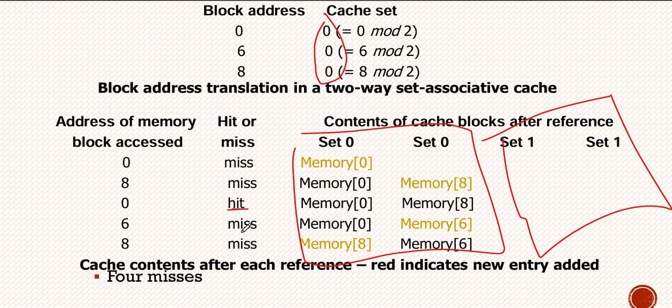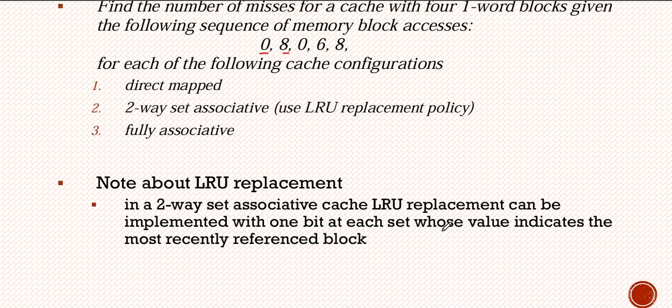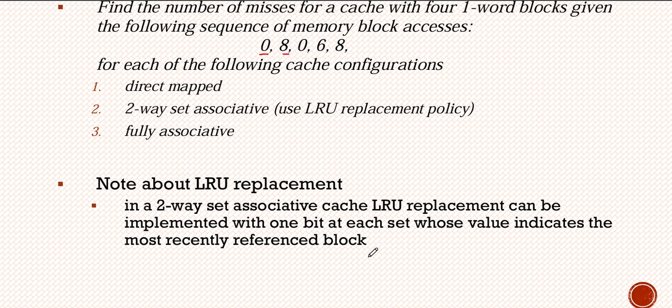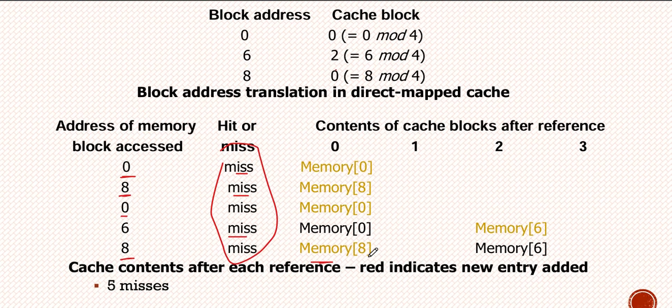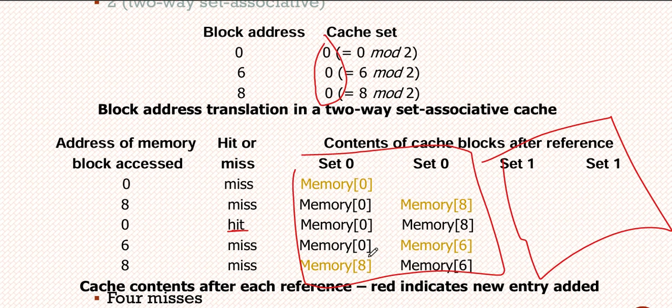The next time we come for 6, 6 is not in this one, right? But what did we recently access? We recently accessed 0, right? So it means that we have to clean the 8. So that's the LRU policy you see here. That's what they are saying: in the case where it has become inconvenient, write over the oldest one that you have changed.